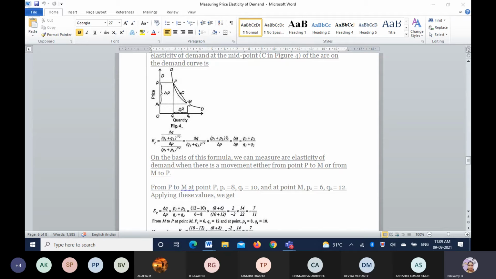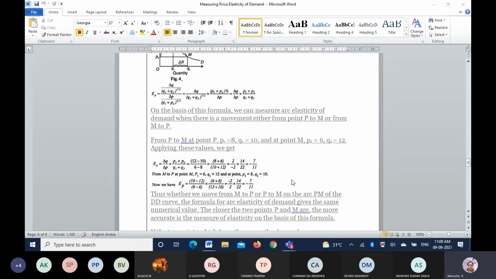An arc means there will be a very minute value, if you focus and see, which shows the differences in price and quantity. So always you have to take both values. You should not go with any one value. That is what this arc method is explaining. So from that point of view, instead of taking the initial price and the initial quantity, they have added both the prices and both the quantities, and they make the calculation.